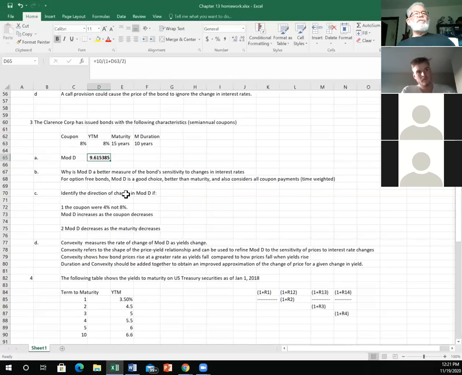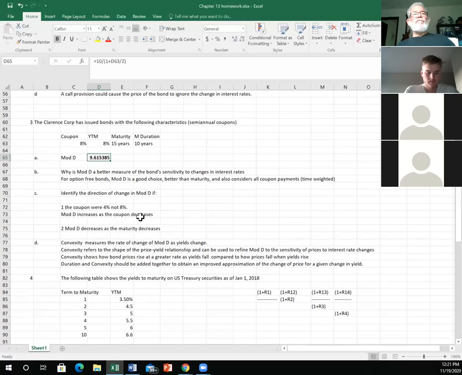Identify the direction of change in modified duration if 1, the coupon were 4%, not 8%. The duration increases as the coupon decreases. Well, what does that mean? That means the smaller the coupon, the longer it takes for the duration to hit.